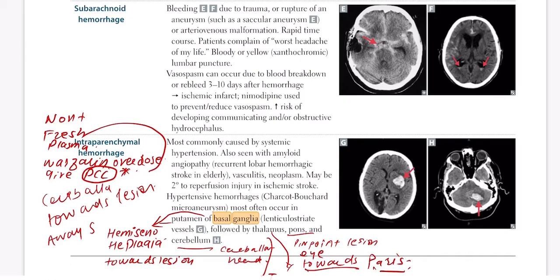Now, another name for hypertensive hemorrhages is Charcot-Bouchard microaneurysm. This is a very specific stroke that is going to be associated with the part of the brain that is associated with the putamen and basal ganglia.